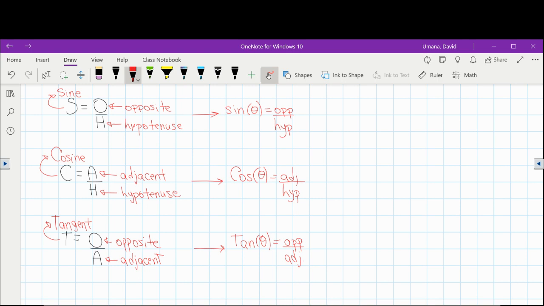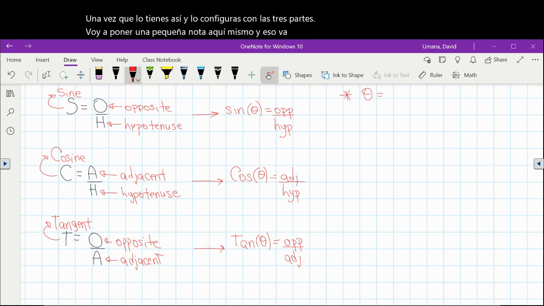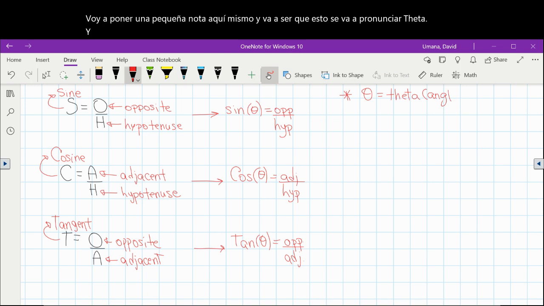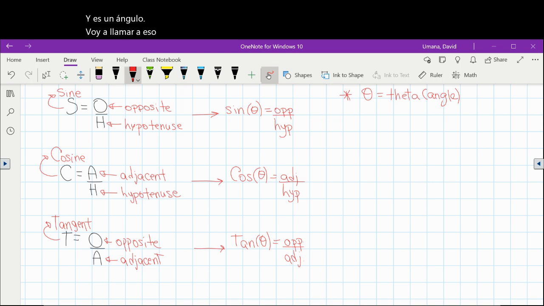And they will always look the same way. Once you have it like that and you've set it up with the three parts, I'm going to put a little note right here. This is going to be pronounced theta, and it's an angle. So I'm going to call that theta, and theta is an angle.